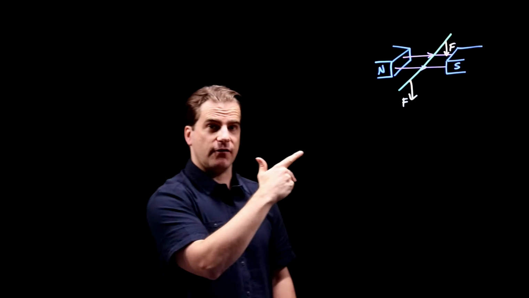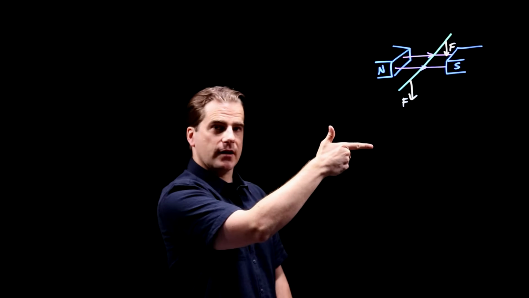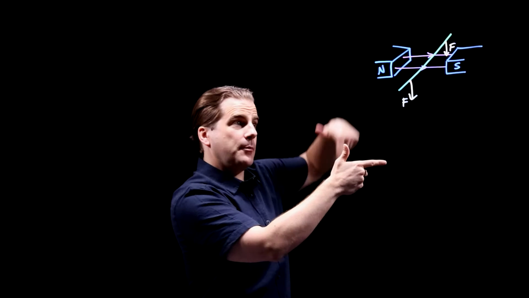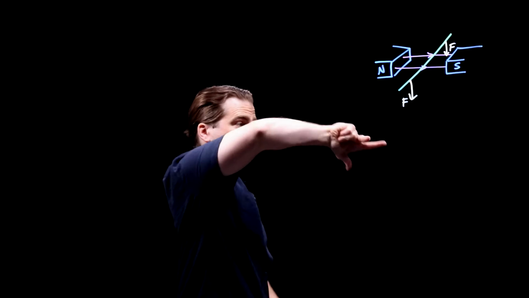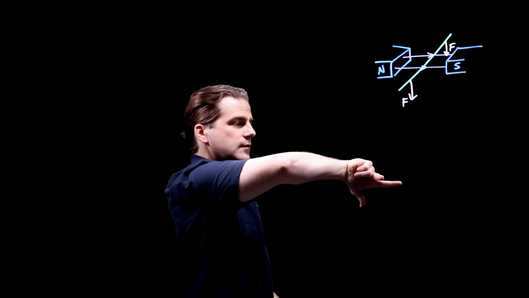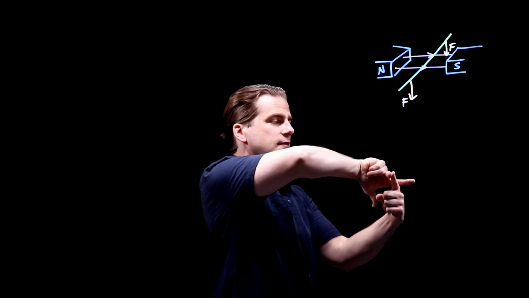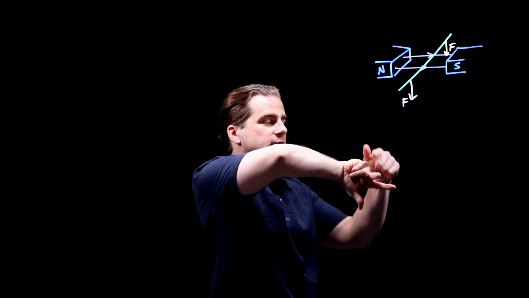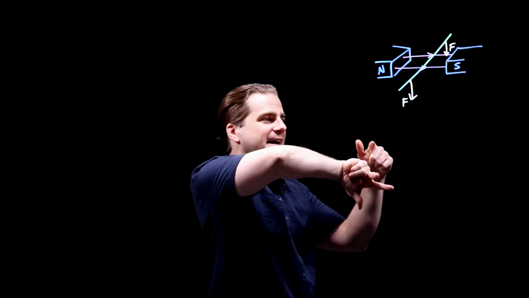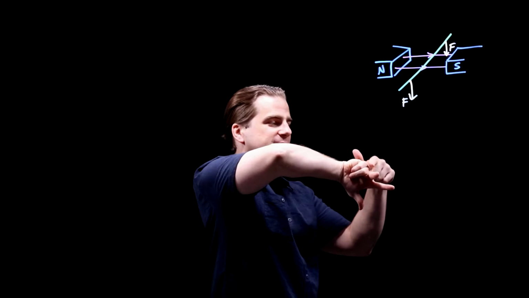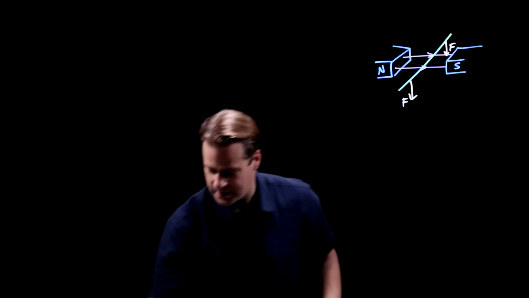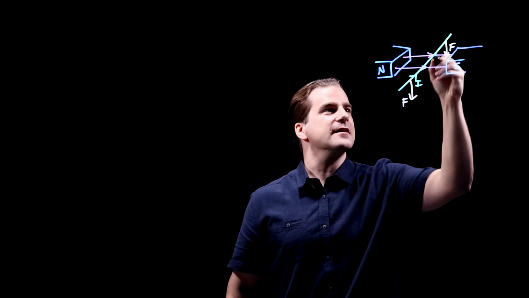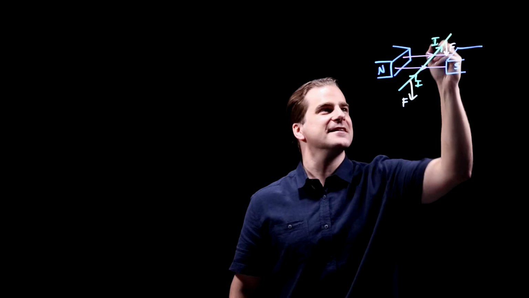So, first finger is the field, from north to south in that direction. The thumb is the movement. Now we're pushing it down, so the movement is down like that. And therefore the current is going from me to you, out of the glass in that direction.